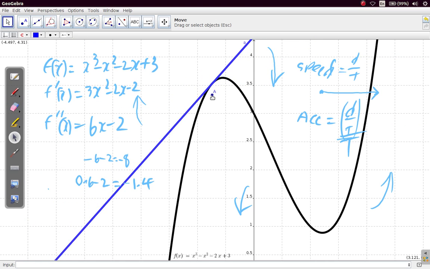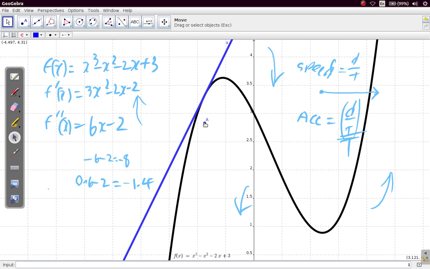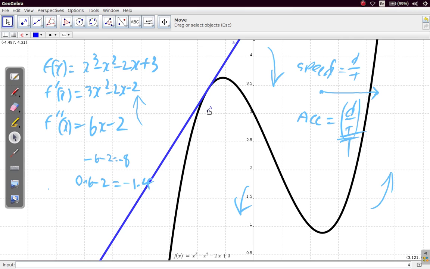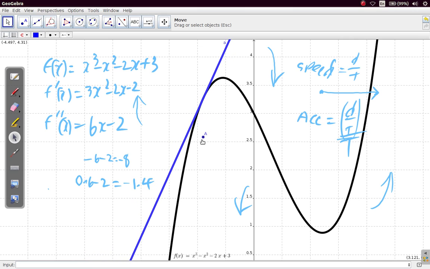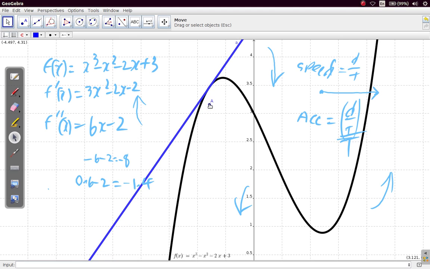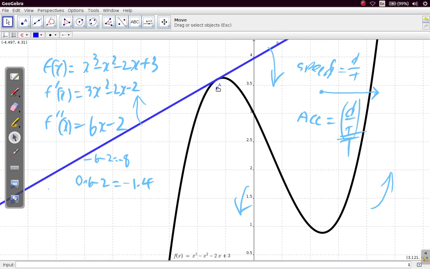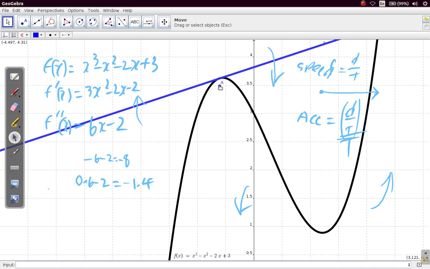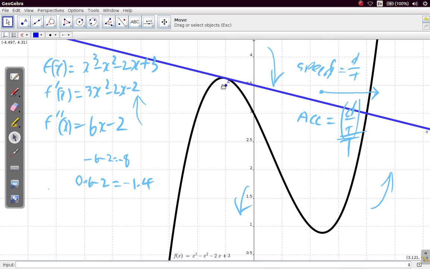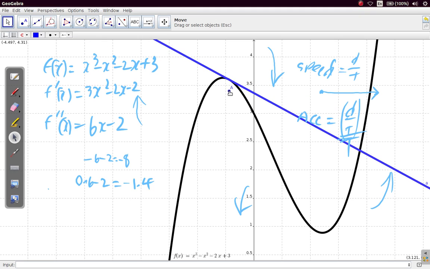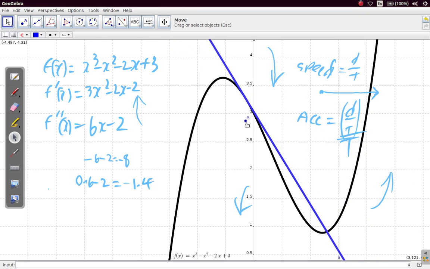What that means, negative value means, is that the gradient of the tangent is dropping. It's still positive here, but it's less positive. The gradient is falling and falling until it becomes zero at some point, and it becomes negative and more negative. So the gradient is falling. So you have a maximum point.